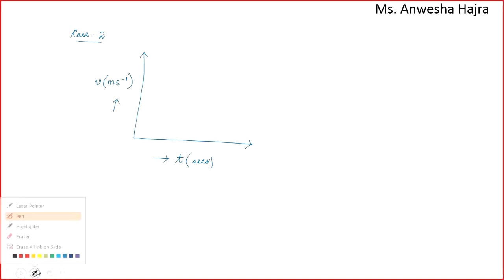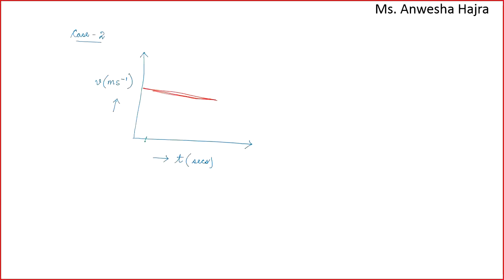Case 2. This is velocity in meter per second. This is time in seconds. See, we have a graph like this, parallel to the x-axis. Now what does it indicate?